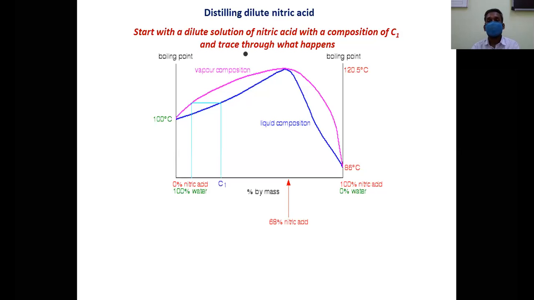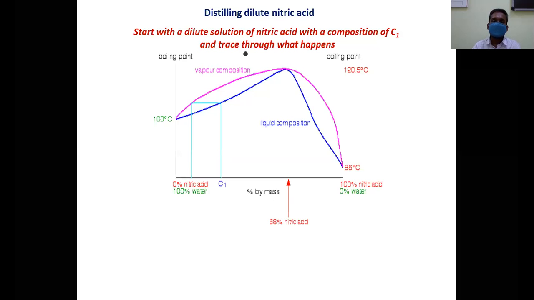To do this experiment, we need not find a very expensive chemical. Simply a dilute nitric acid solution you can use for your experiments of vapor pressures and boiling points, negative deviation from Raoult's law. Okay, fine.